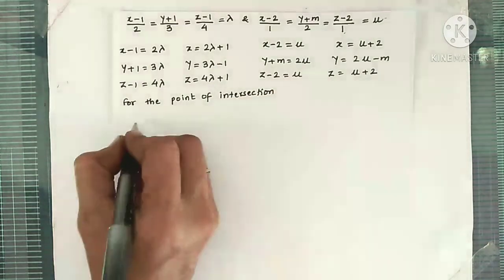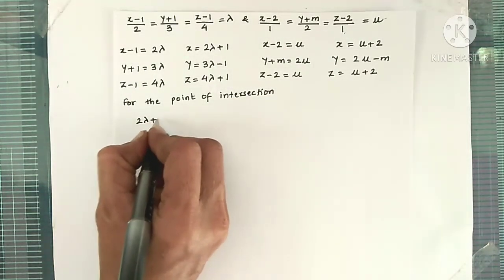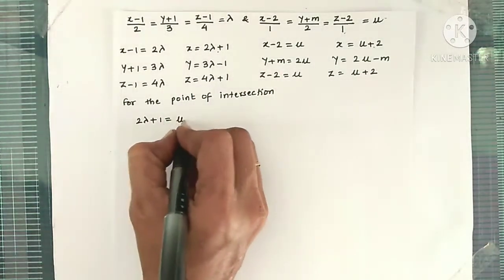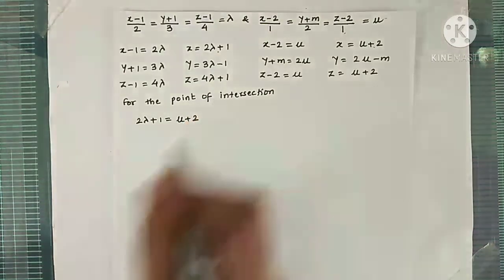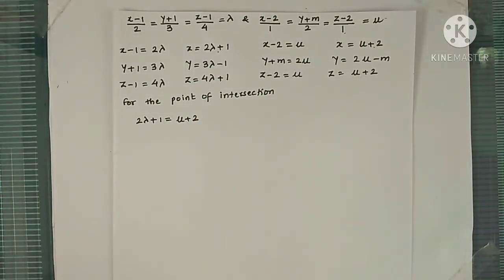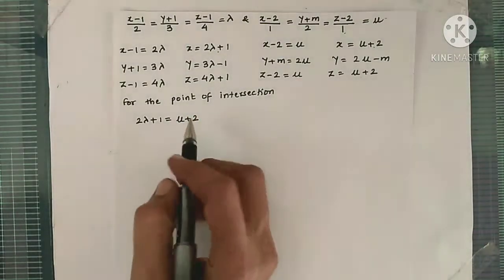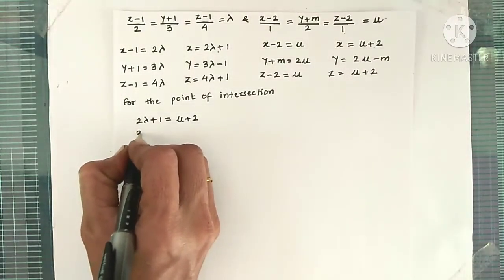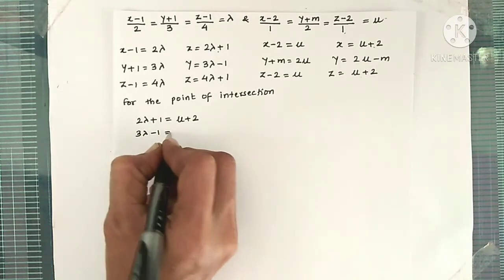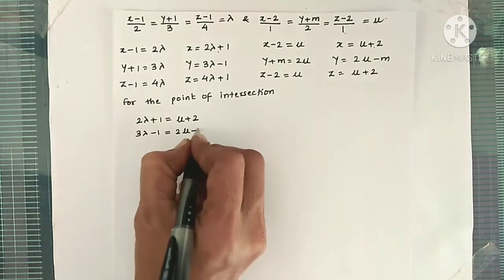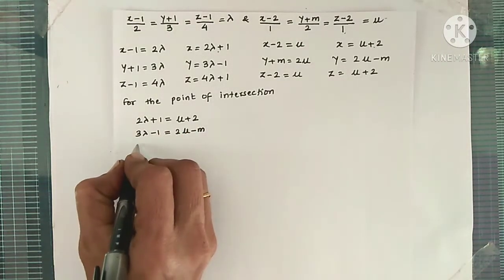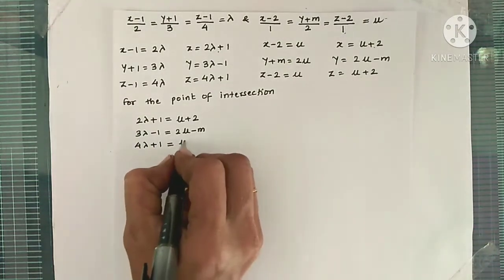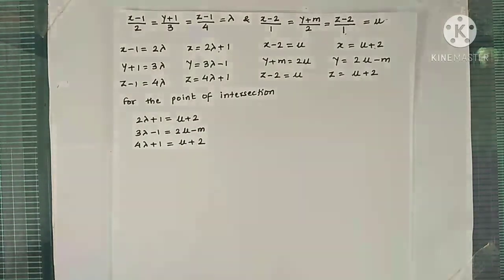So we have 2 lambda plus 1, the x coordinate of any point on the first line, same as the x coordinate of the point on the second straight line, but for the point of intersection, these two are equal. Now equating the y coordinates, we have 3 lambda minus 1 equal to 2 mu minus m, and for z coordinates we have the equation 4 lambda plus 1 equal to mu plus 2.